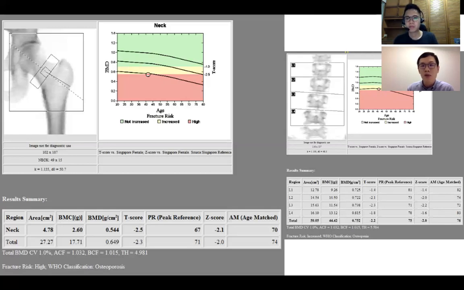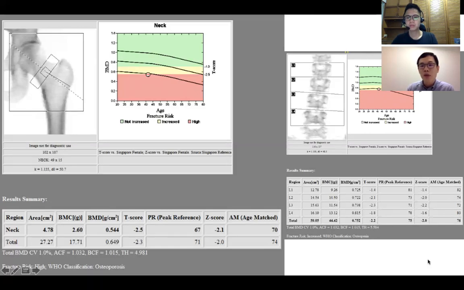Particularly at the spine, you want to watch out for whether there are obvious osteophytes at the intervertebral regions, which can influence the measurement of bone mineral density and make it look falsely elevated. It might also be difficult to pick up, but in patients with aortic calcifications, because the aorta overlies the vertebra, it can also increase the density on the DEXA scan.